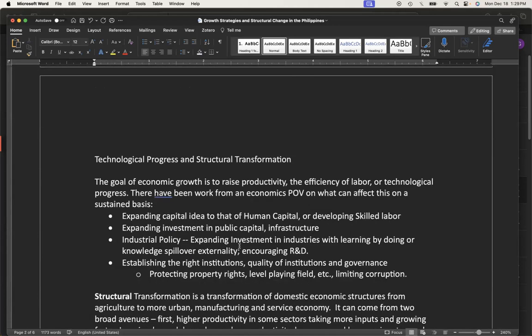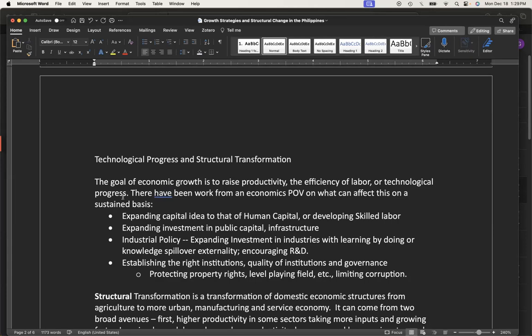All right, so we recall that in the long run, what's important for output per worker is the efficiency of labor or technological progress. So the idea of spurring additional growth really is about how to increase the level of technological progress or efficiency of labor.